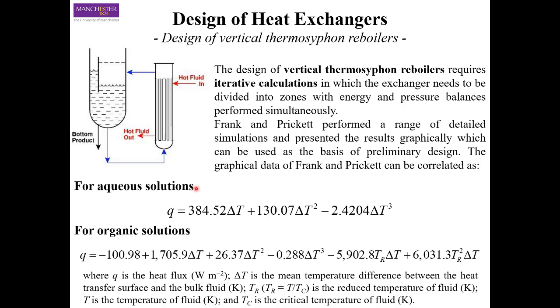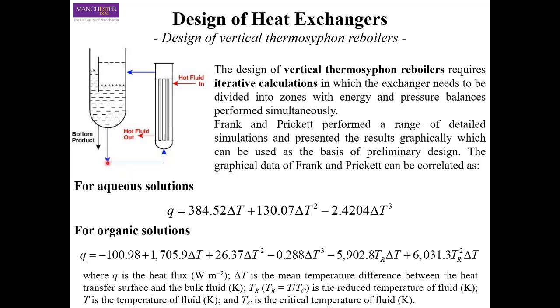For example, for the vertical thermosiphon reboiler, this equation looks quite complicated, but here you are only considering natural circulation. So imagine that if you put a pump here and cause forced circulation, you complicate this reboiler even further.